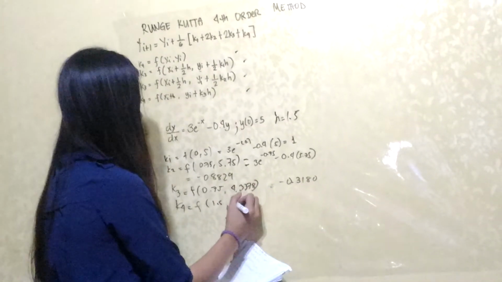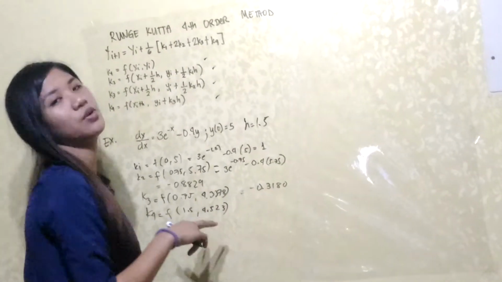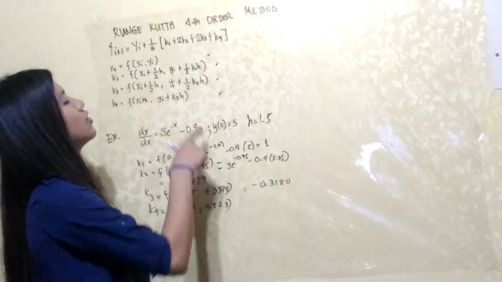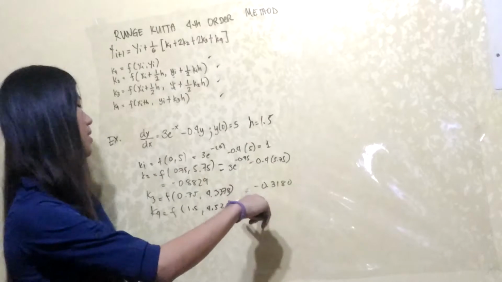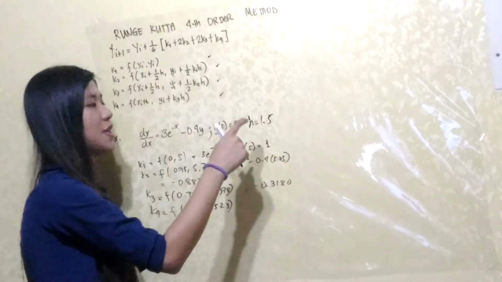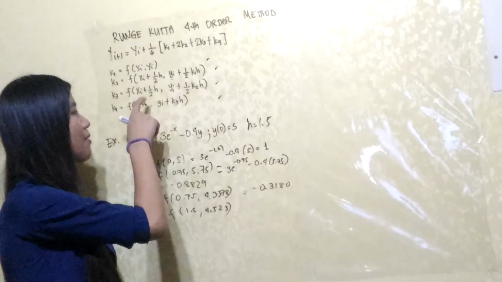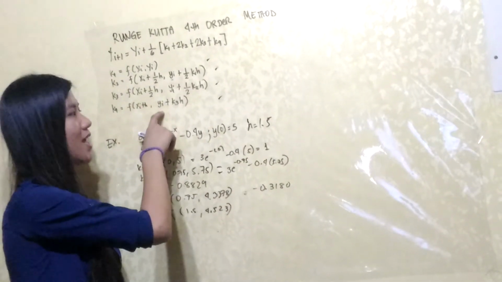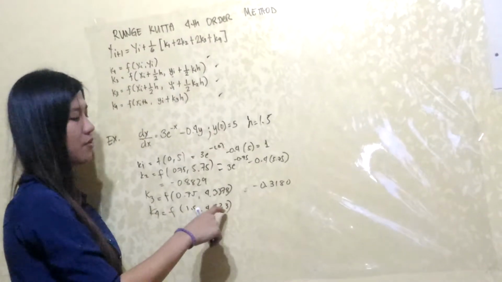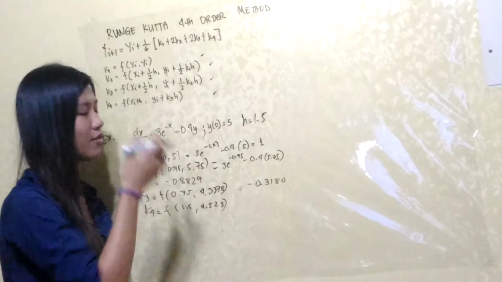And for the last one, k4, that would be the function of 1.5 and 4.523. So where did we get this 4.523? That would be k3, which is negative 0.3180, multiplied by our step size h, which is 1.5, plus y sub i, which is 5, that would be 4.523. Since this is negative, that is the difference.